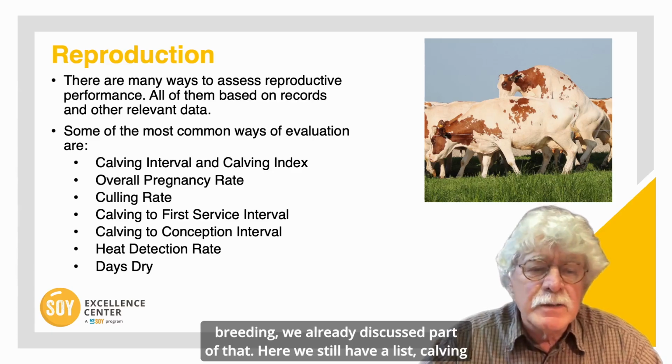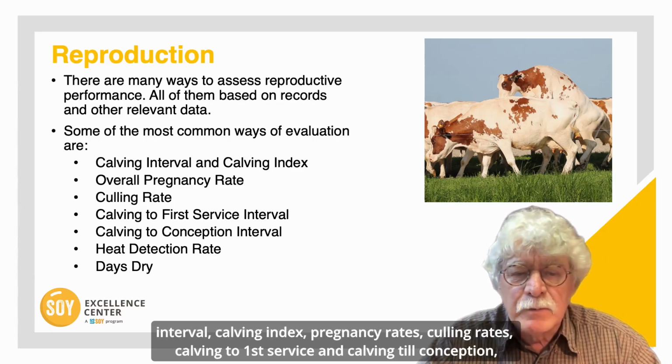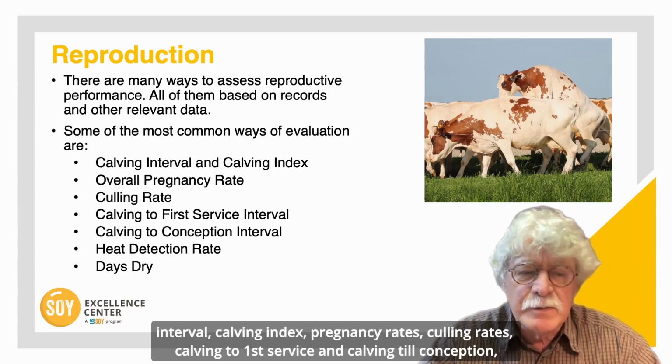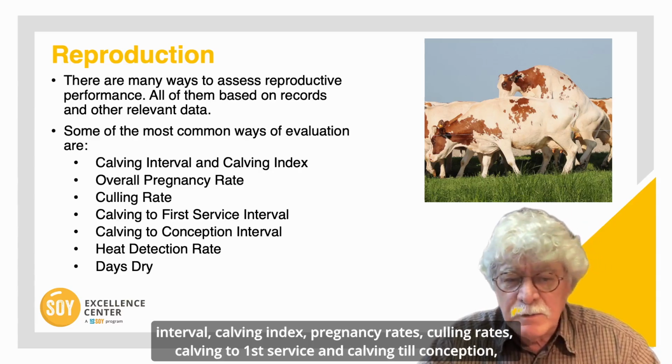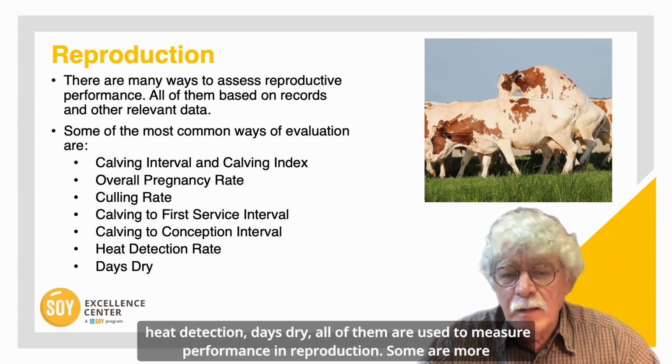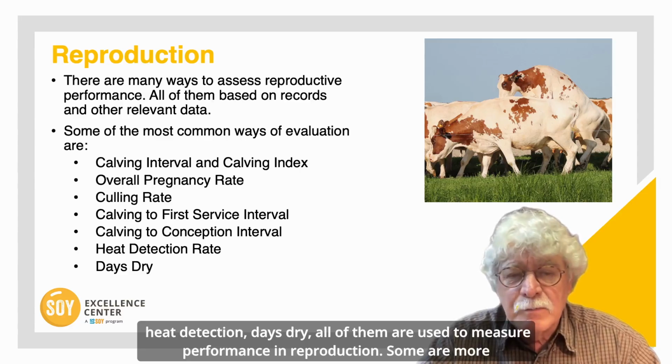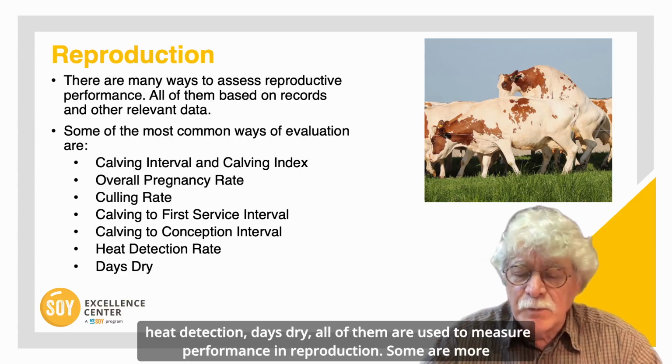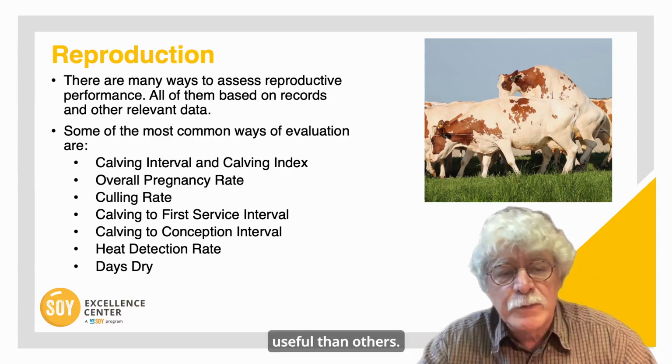Here we still have a list: calving interval, calving index, pregnancy rates, culling rates, service, conception, heat detection, days dry. All of them are used to measure performance in reproduction. Some are more useful than others.